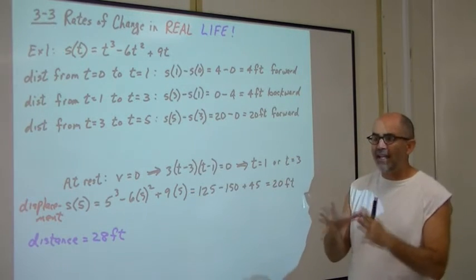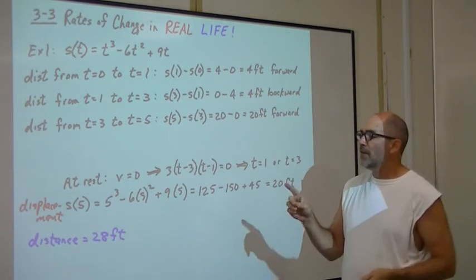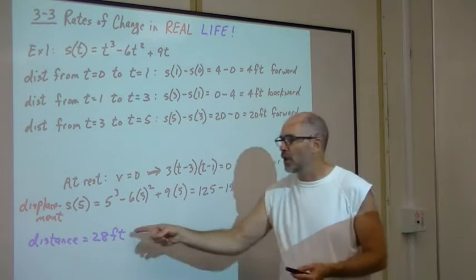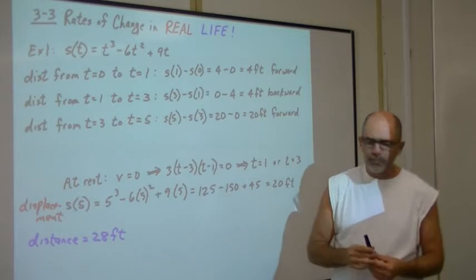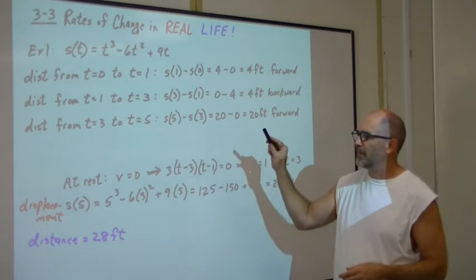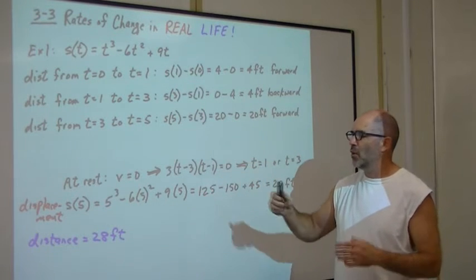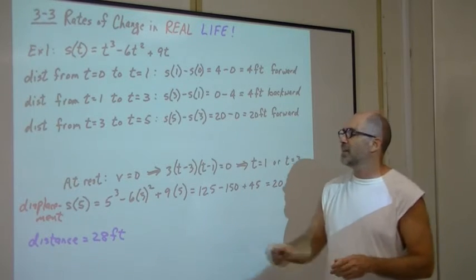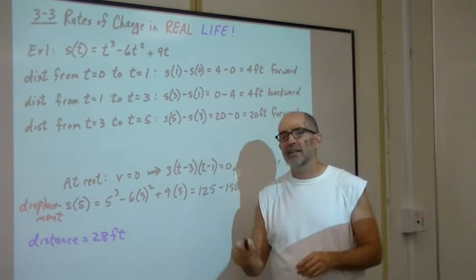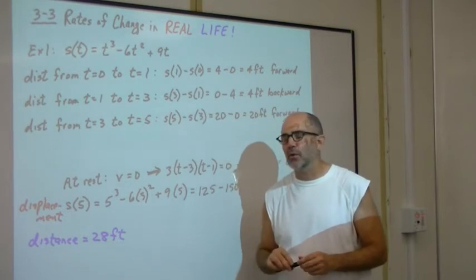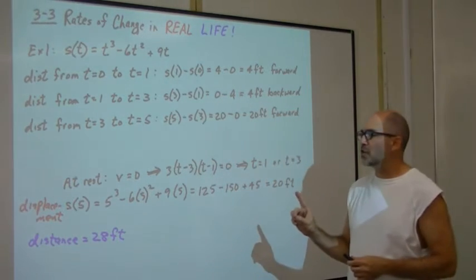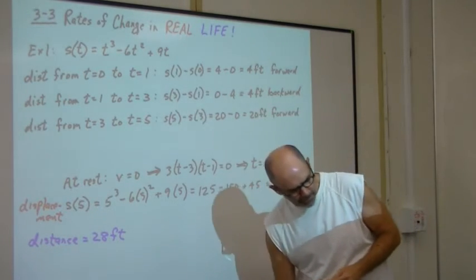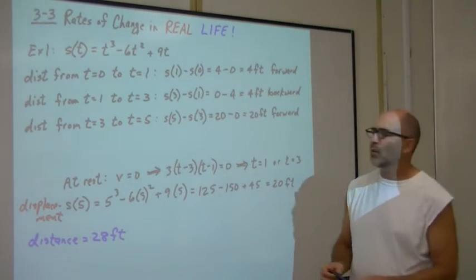He still only gained that much yardage. But if you were to count his total distance that he traveled, it would be a lot more. So you need to remember the difference between displacement, which is basically the net gain in distance, versus total distance, which counts forward and backward. Now, if we're only going one direction, then displacement and distance will be the same. Okay, cruising onward.